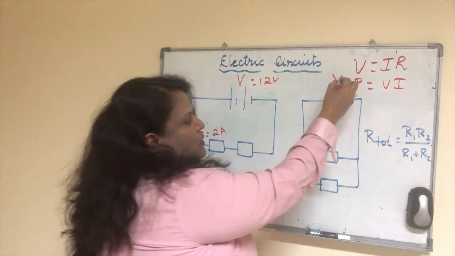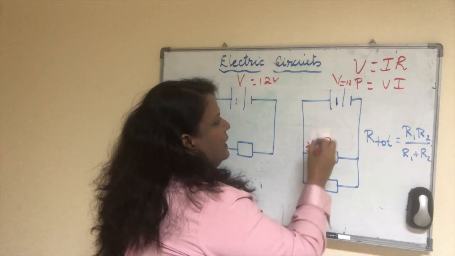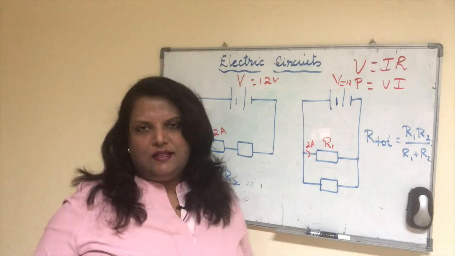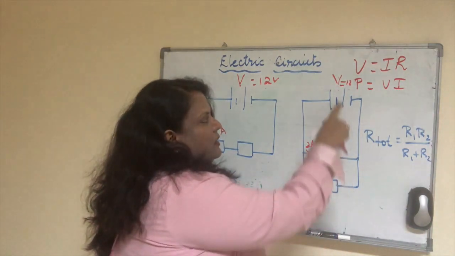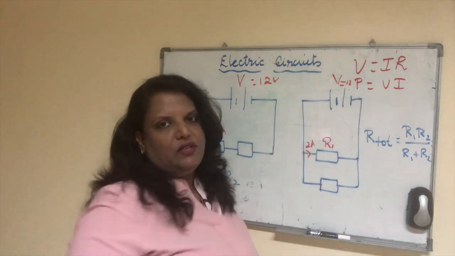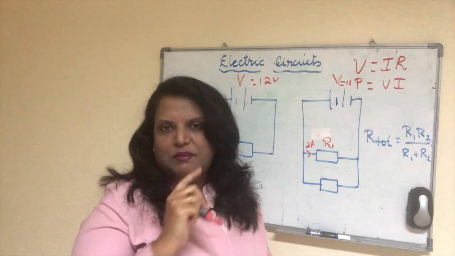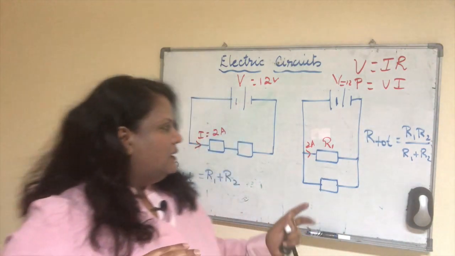But if this was 12 and this was 2 amperes, the current flowing through, I can use 12 and 2 to find the resistance here. Why? Because the voltage across these parallel components will be the same as the battery. That's a concept application here.